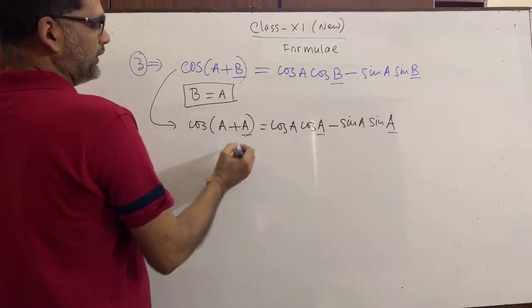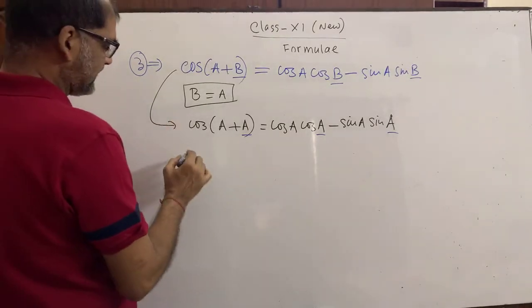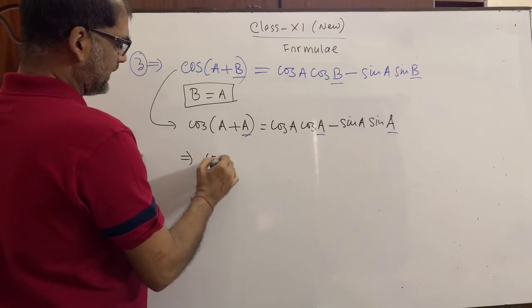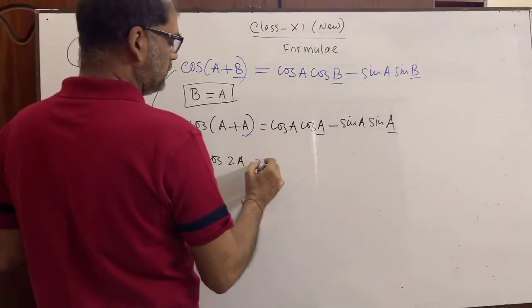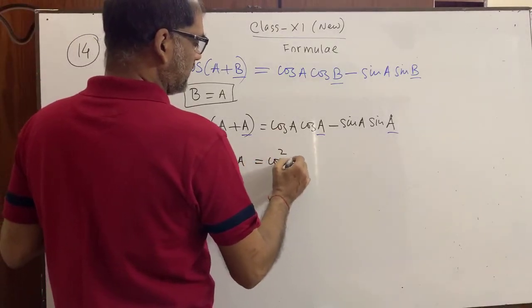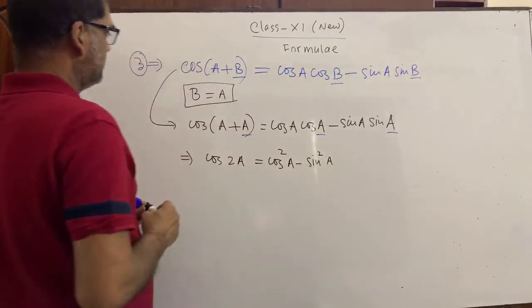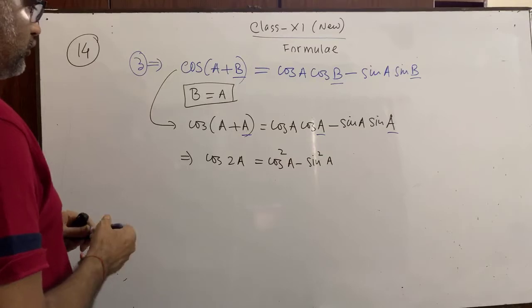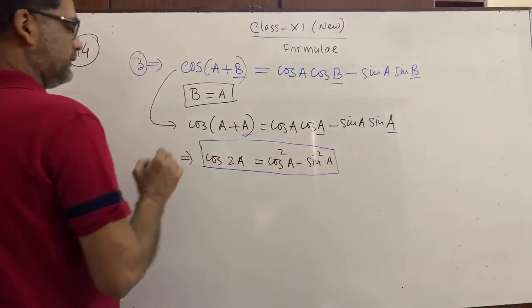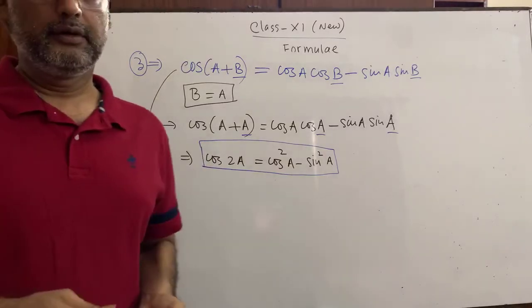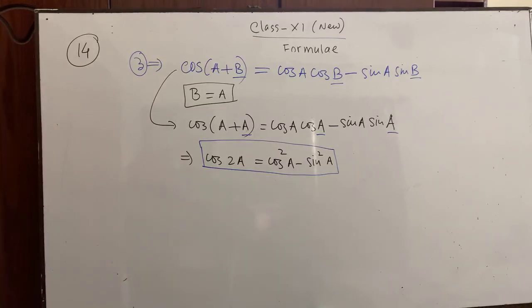For b we have written a. Now let's calculate. We will get cosine twice a is equal to cos square a minus sin square a. This is formula number 14.